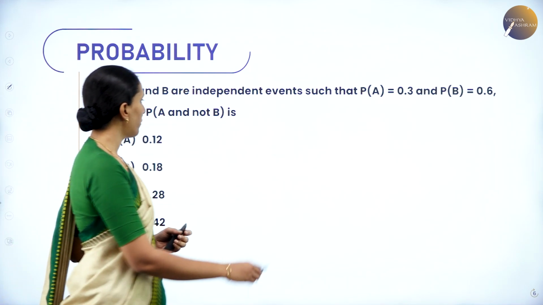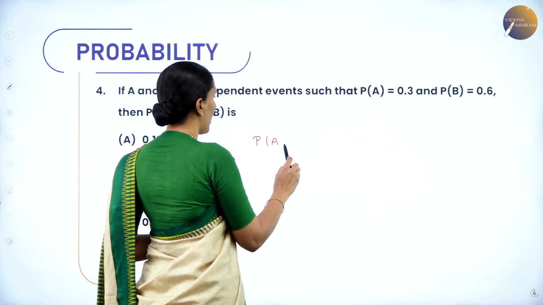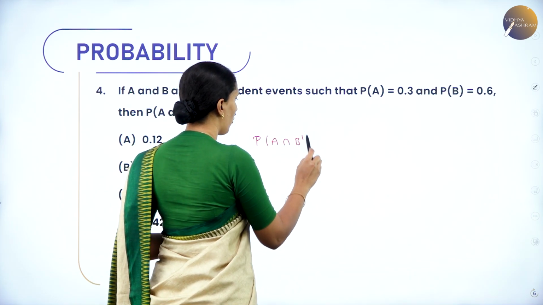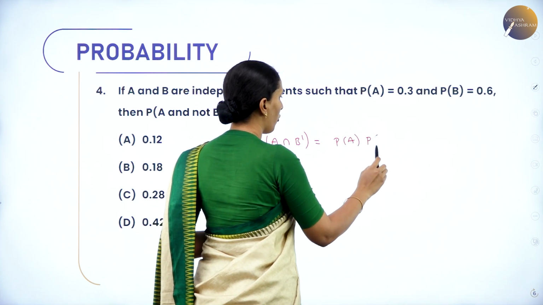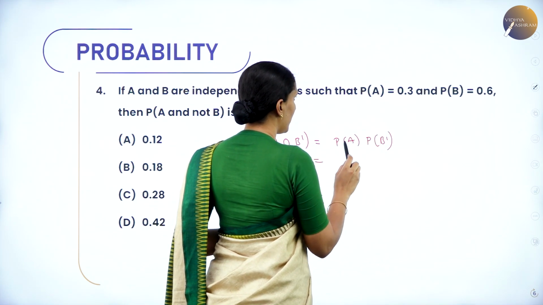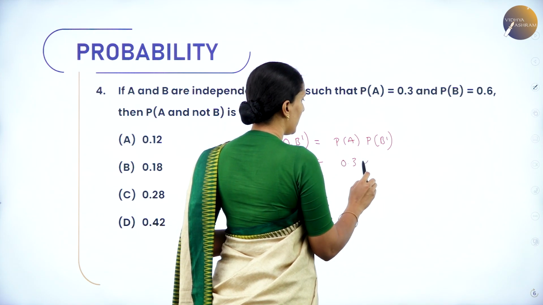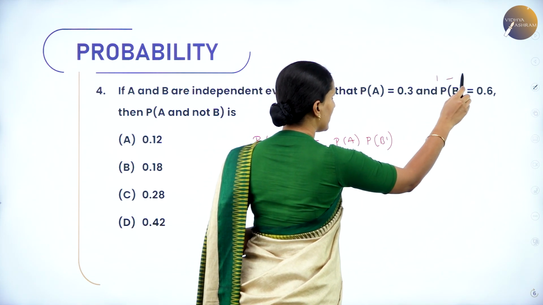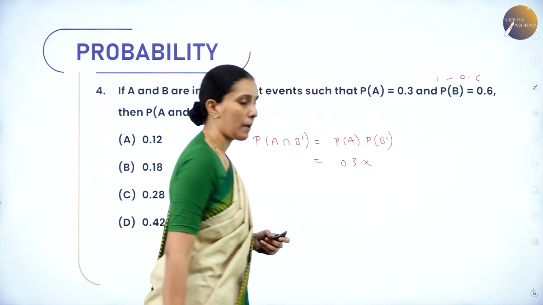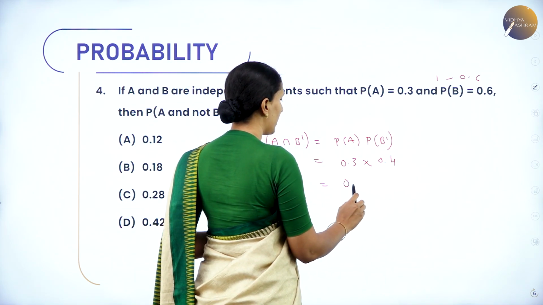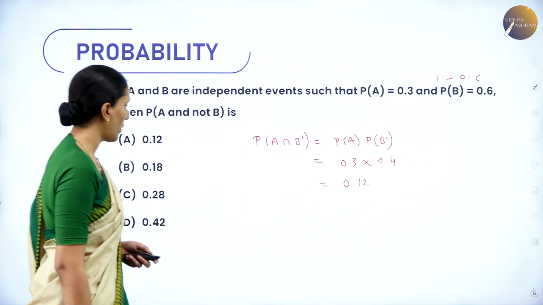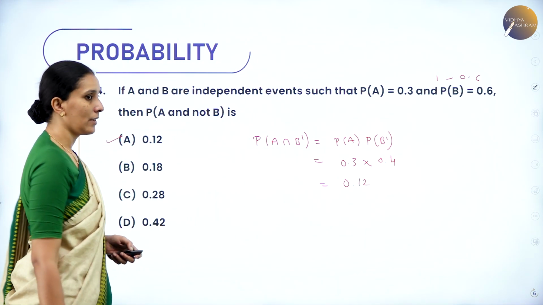So P of A and not B can be written as P of A into P of B dash. P of A is 0.3 here. P of B dash means 1 minus P of B, which is 1 minus 0.6, equal to 0.4. If you multiply, you will get the value as 0.12. Hence, the answer is option A.